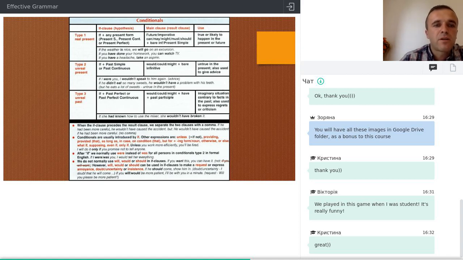Also there are some rules about expressions after which we don't use the future, like you see, provided that, as long as, in case, on the condition that, but for, and you can give them examples for each one.